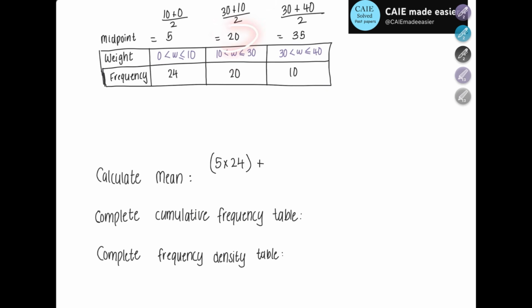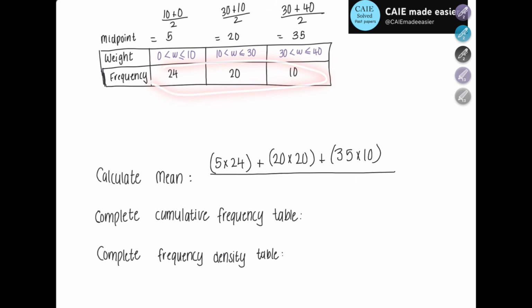This is going to be 20 times 20, and then add that for the final one, 35 multiplied by 10. Now you're supposed to divide this by the sum of frequencies. So add these numbers. 20 plus 10 is 30. 30 plus 24 is going to be 54. So divide this by 54 to calculate the mean.